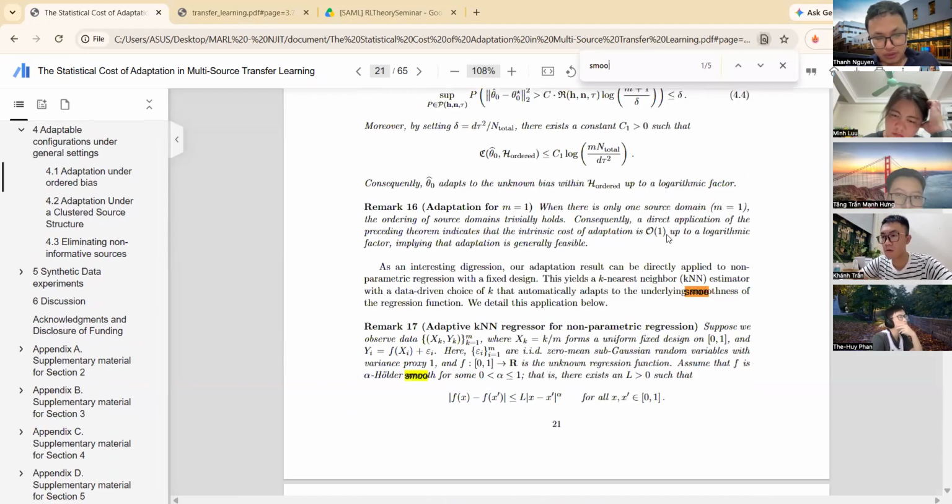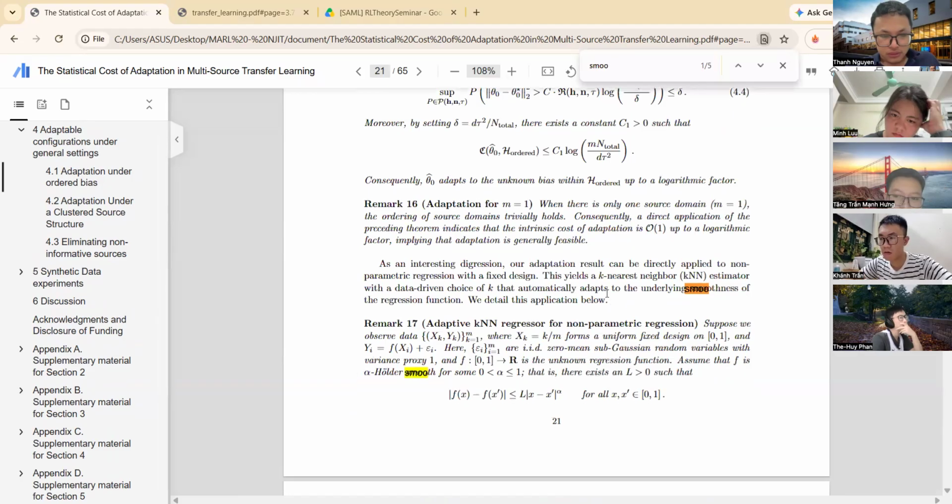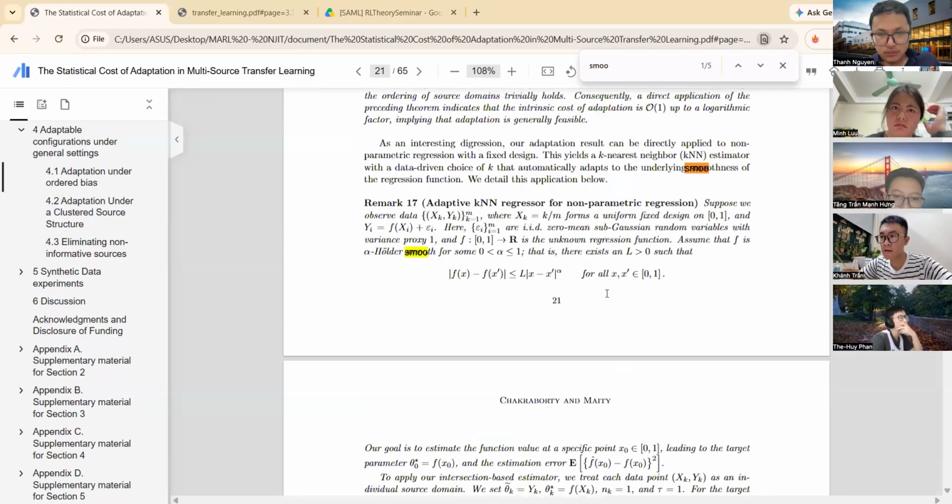Non-parametric and parametric are two different settings. That's an example for KNN, which is a non-parametric estimator, and they have an assumption on the smoothness.